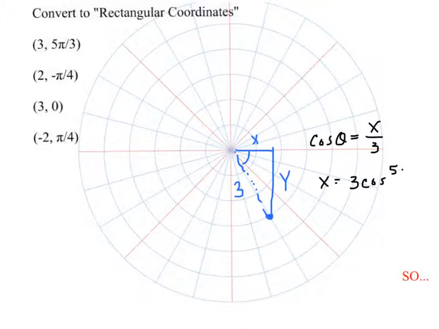Now, all you need to do is say the angle was 5π/3. This is going to get us the x coordinate. The cosine of 5π/3 is 1/2, so it's 3 multiplied by 1/2. Remember your trig rules. So the x coordinate is 3/2.